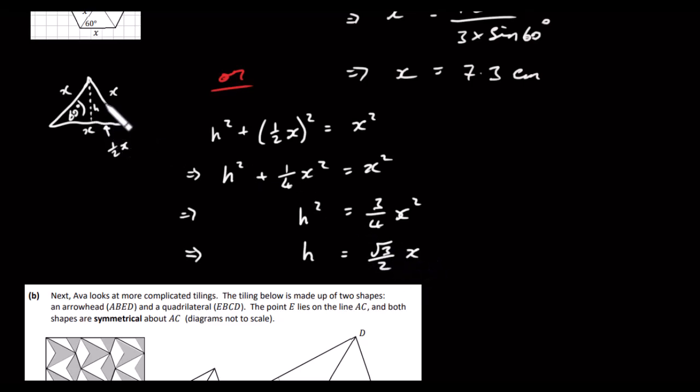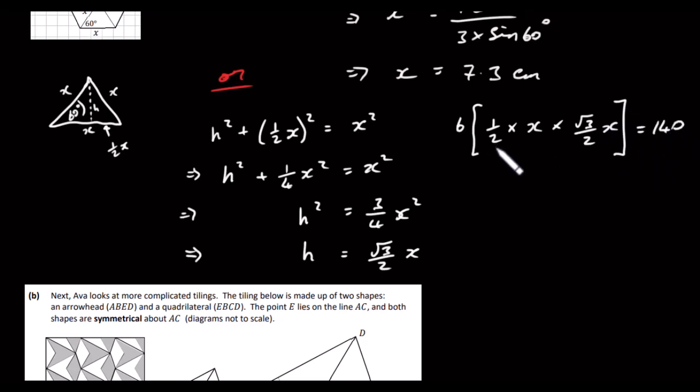So now I can find the area of this triangle. We're doing 6 of these, so it's going to be 6 times half the base, the base is x, times the perpendicular height we've just worked out, root 3 over 2 times x. And again, that's equal to 140.